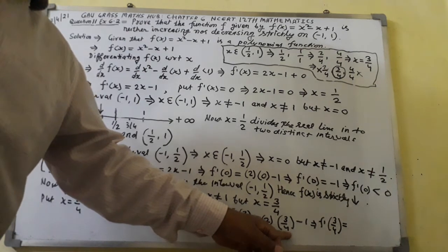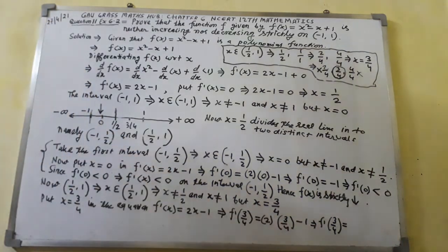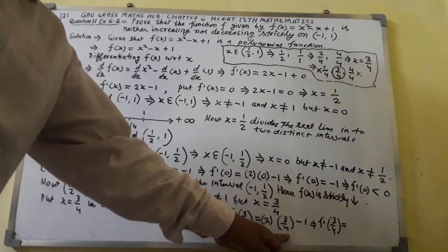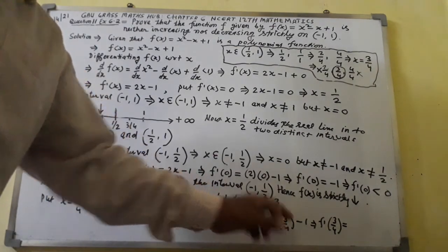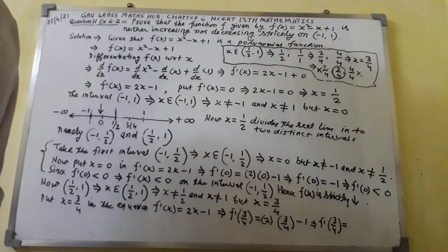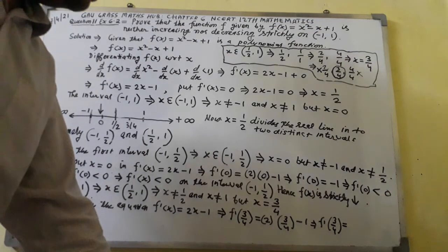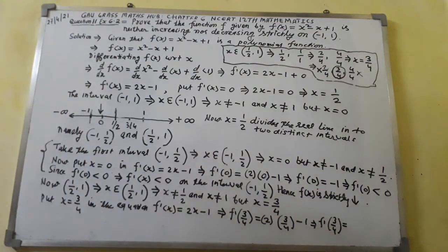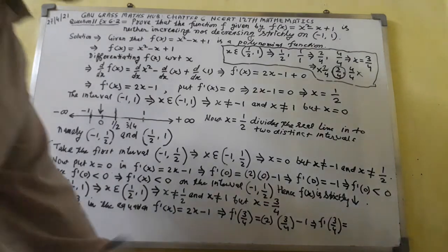Here you will get 3 over 2. 3 by 2 comes out to be 3 divided by 2, which is 1.5.